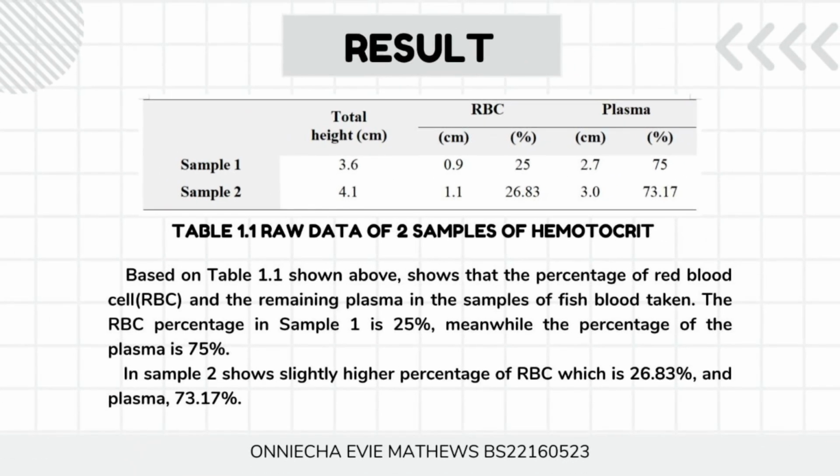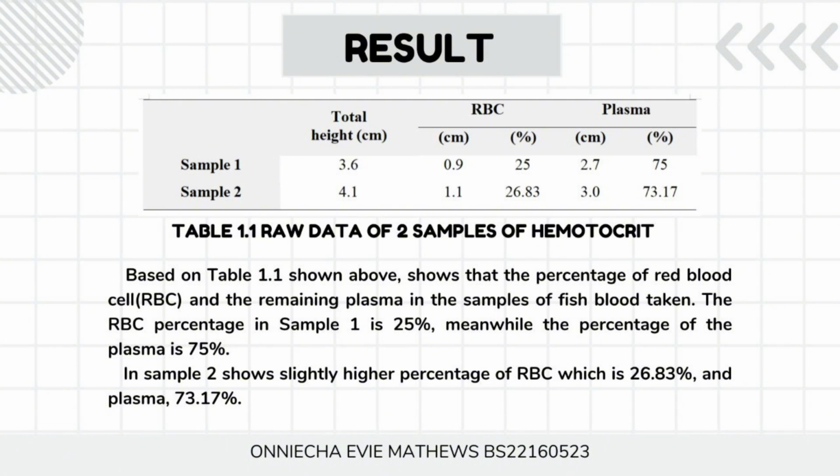The next slide shows a table of raw data of 2 samples of hematocrit. The table shows the percentage of red blood cells, or RBC, and the remaining plasma in the sample of fish blood that was taken.